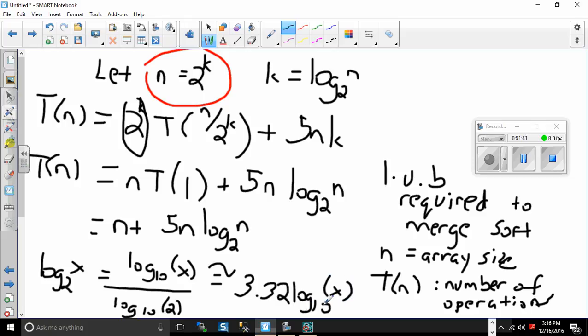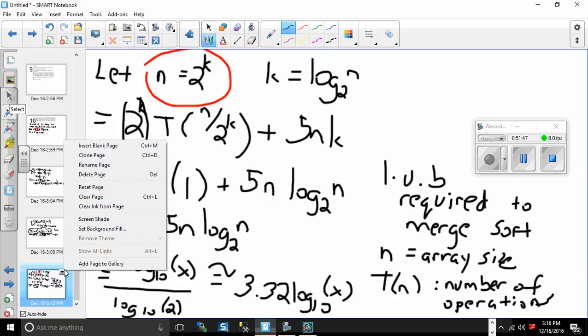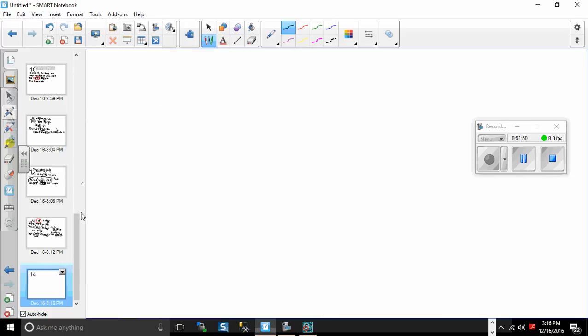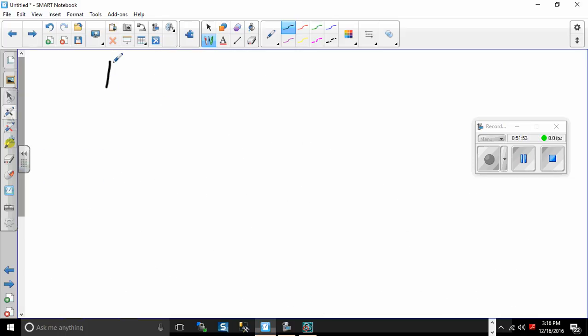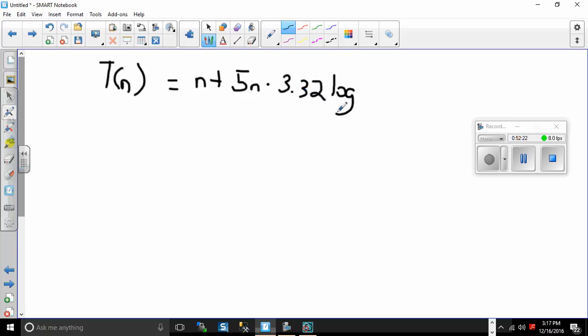All right, so now we have a conclusion. We're getting close to a conclusion here. All right, so T of n is equal to what? n plus 5n times 3.32 log base 10 of n.